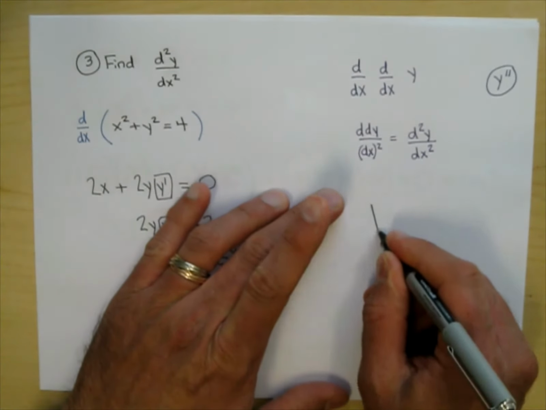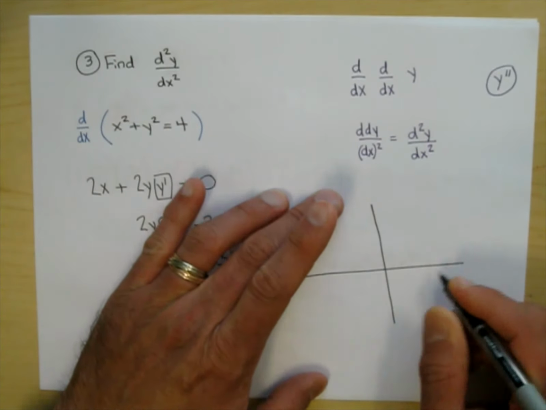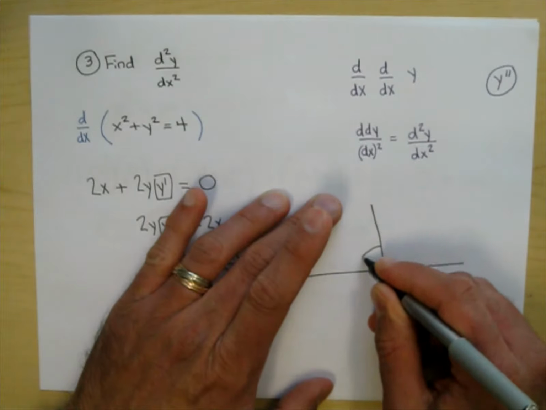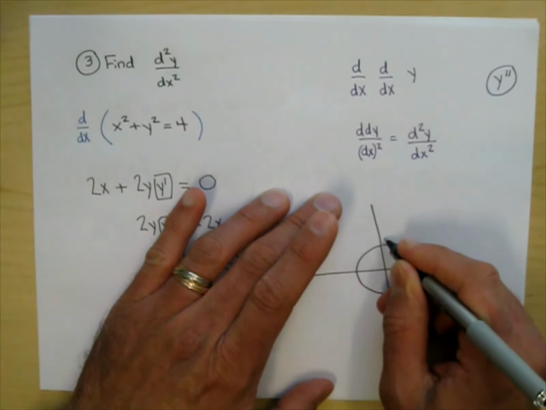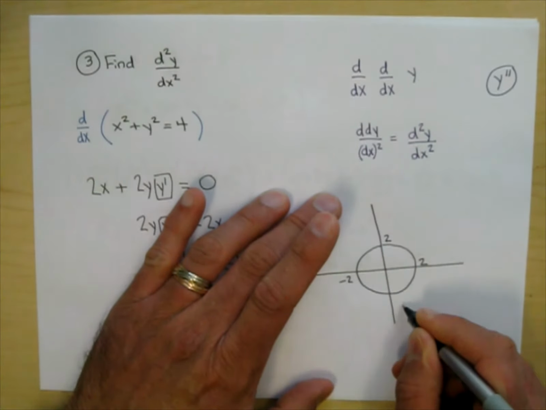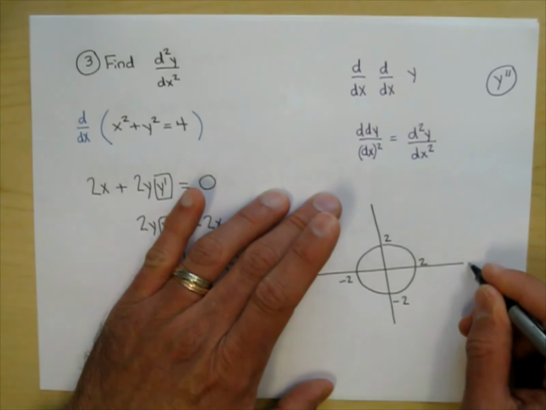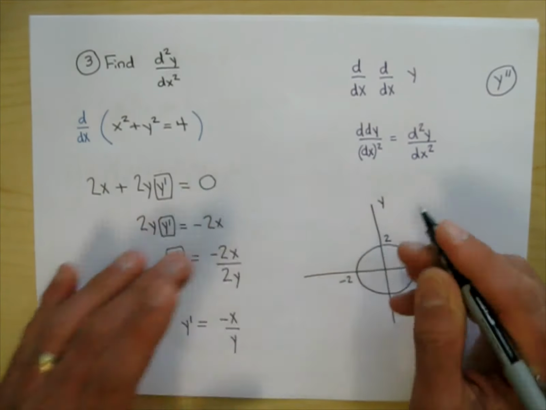Now, you don't need to draw this, but here's the circle here: 2, negative 2, x, y.